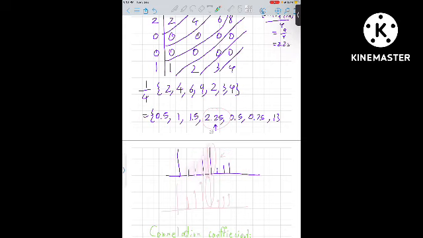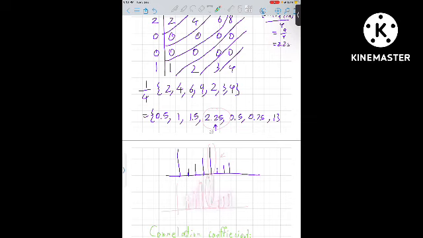And this is the place where, you see over here, n equal to 0 is highest, so x[n] and h[n] have the maximum correlation when they have no shift. No shift difference.